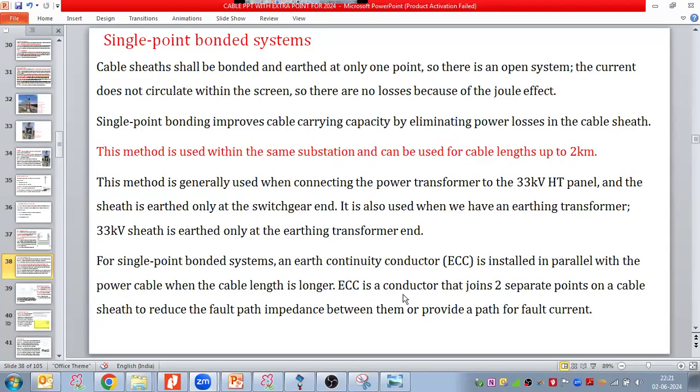The ECC is a conductor that joins two separate points on a cable sheath to reduce the fault path impedance between them and provide a safe path for fault current.